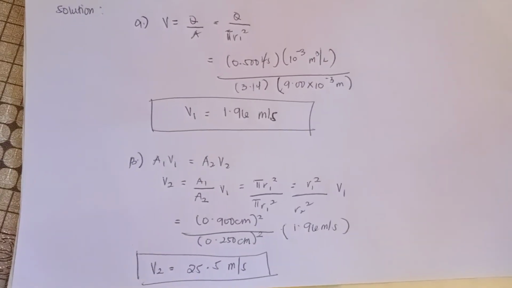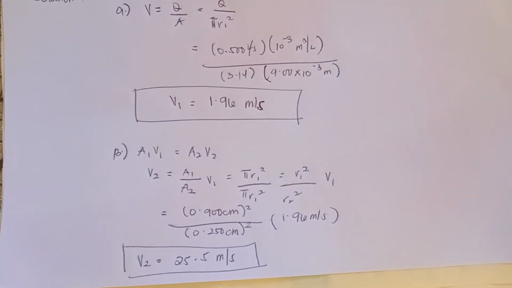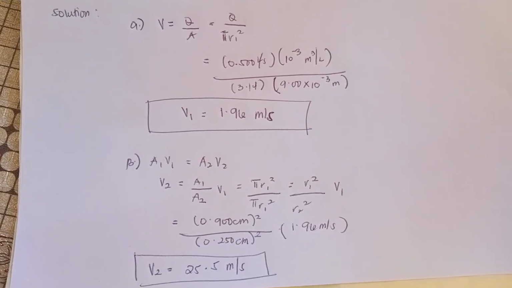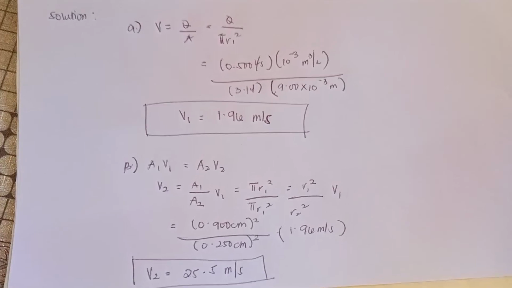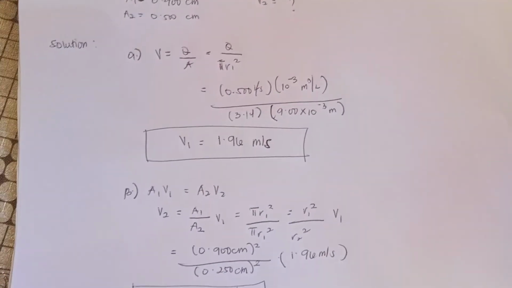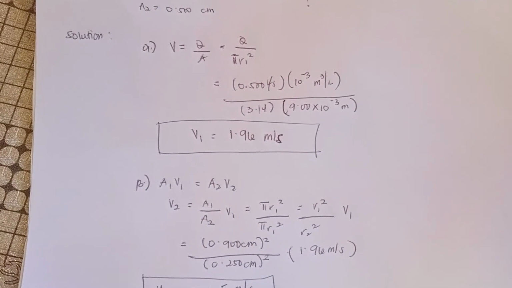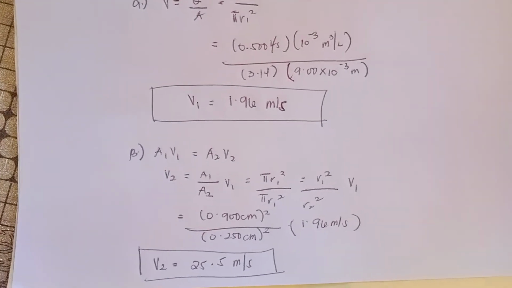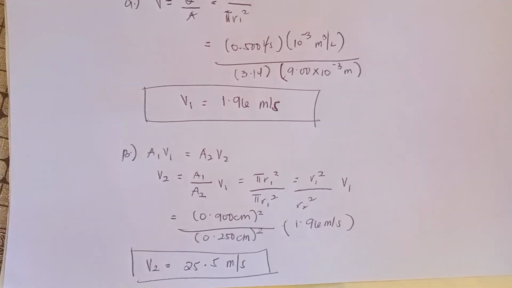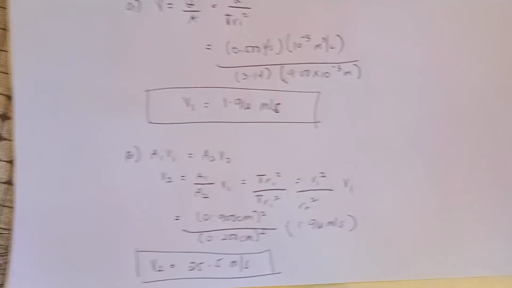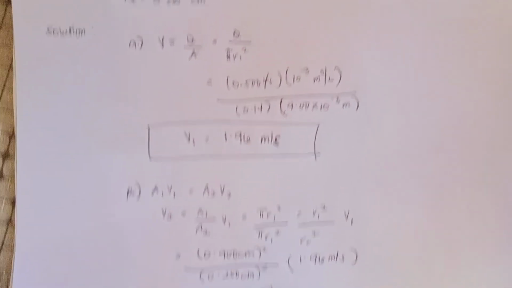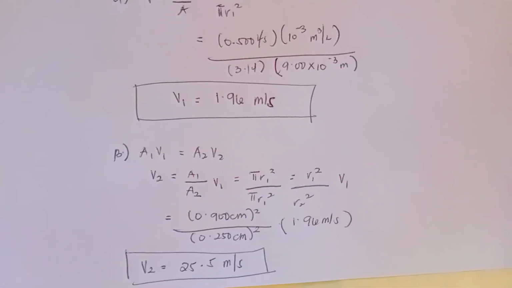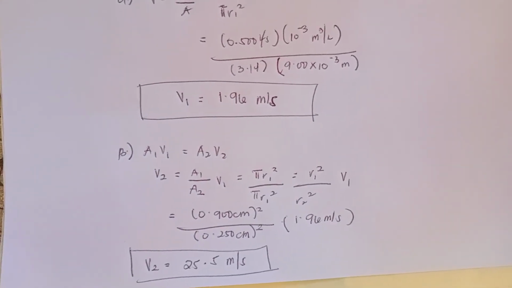So that is 0.900 centimeter squared over 0.250 centimeter squared, times 1.96 meters per second. So the speed of the water in the nozzle is 25.5 meters per second.